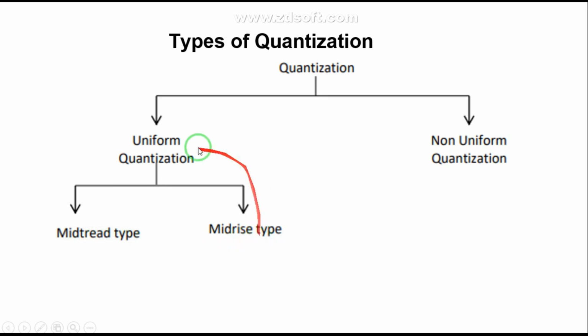In uniform quantization, the step size remains the same throughout the input range, whereas in a non-uniform quantizer, the step size varies according to the input signal values.